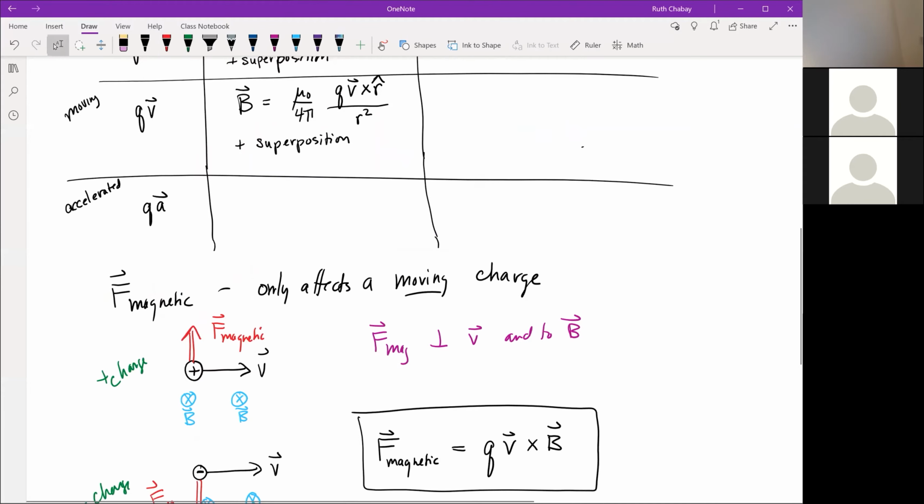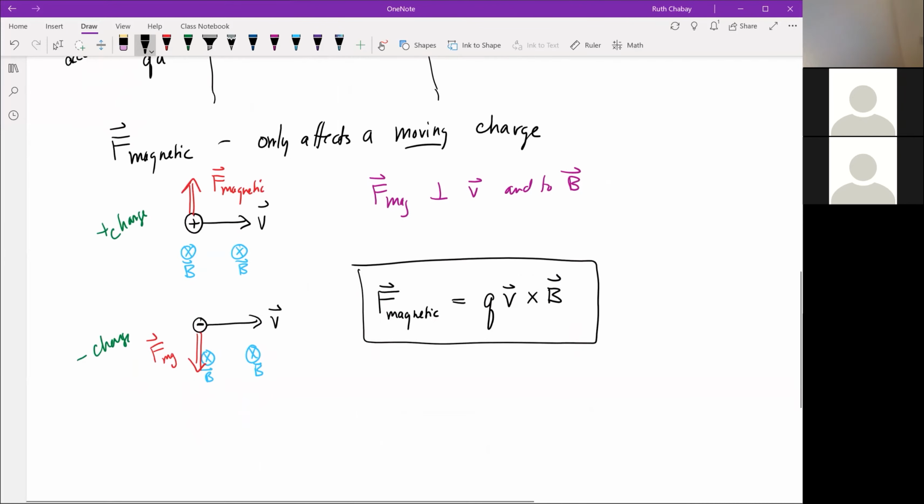It can be positive or negative. So we'll add our magnetic force here to this table. And that's a fairly simple expression.